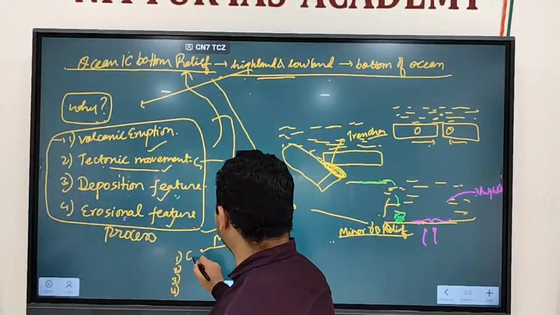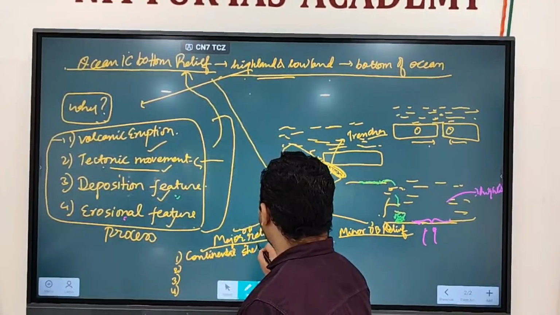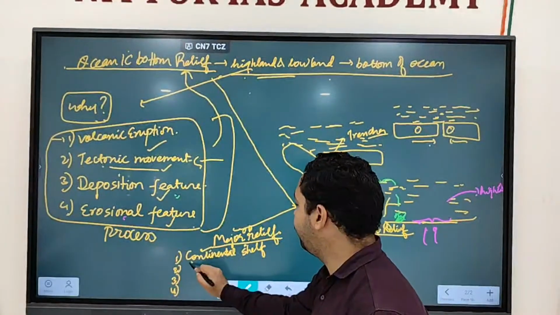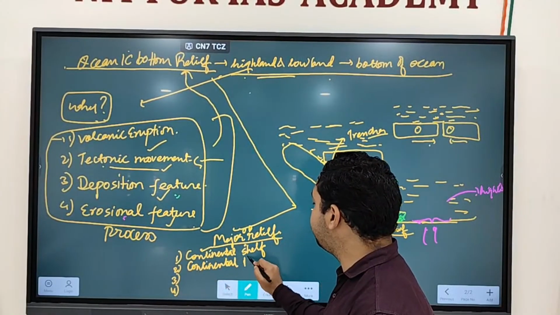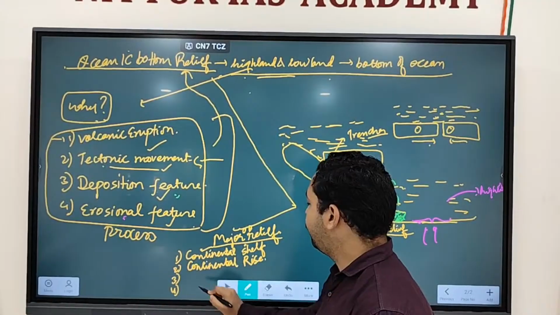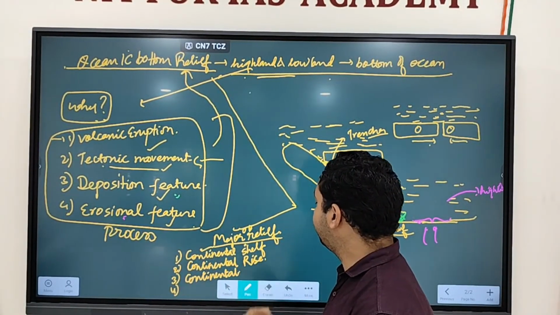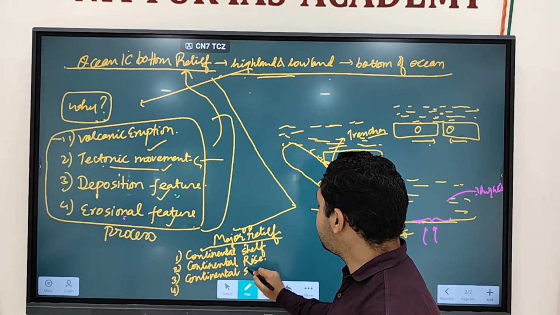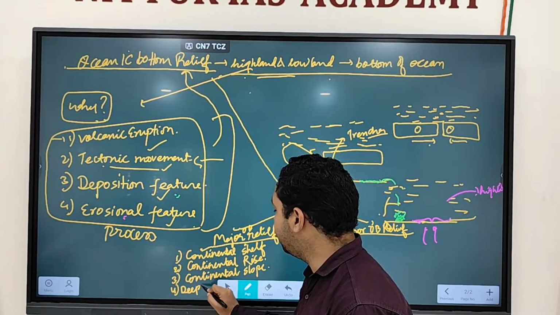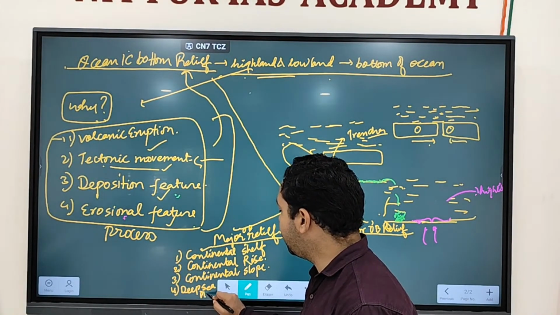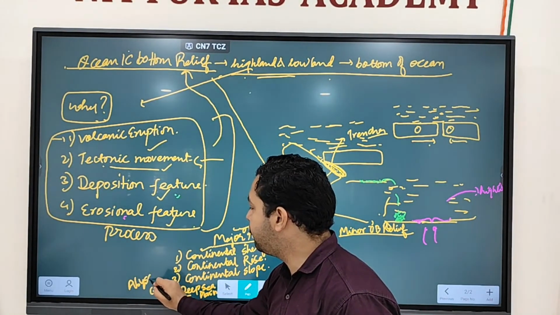These are referred to as the continental shelf; second, the continental rise; the third, the continental slope; and the fourth is the deep sea plain. And this deep sea plain is sometimes also referred to as the abyssal plain.